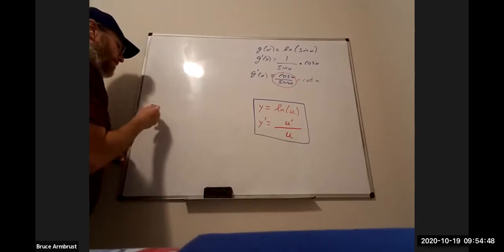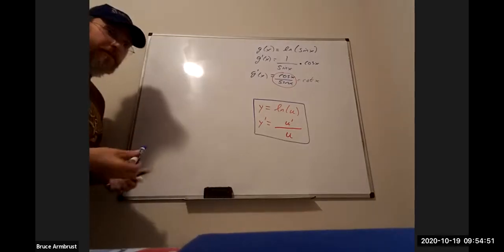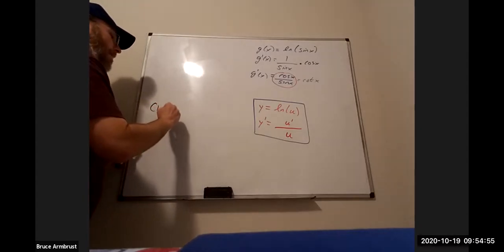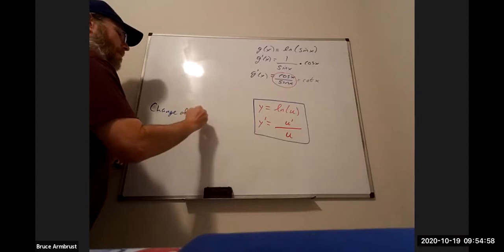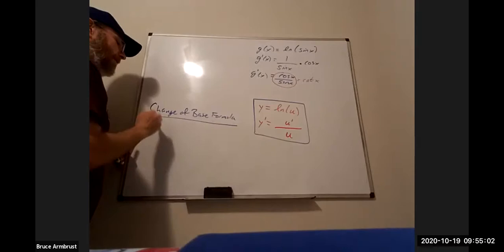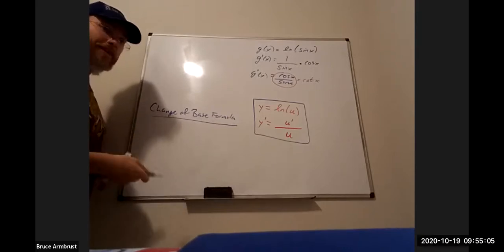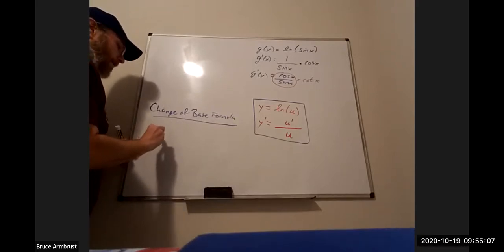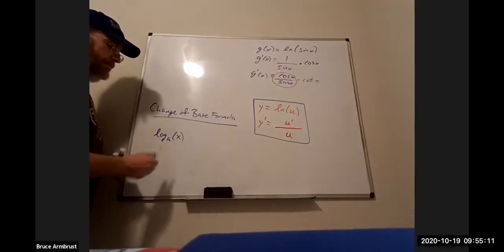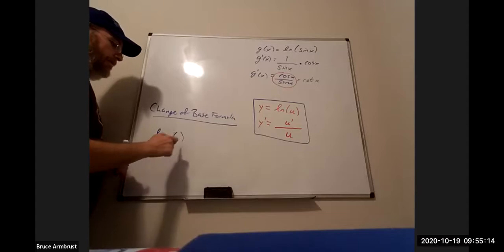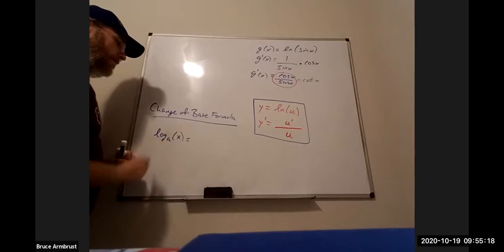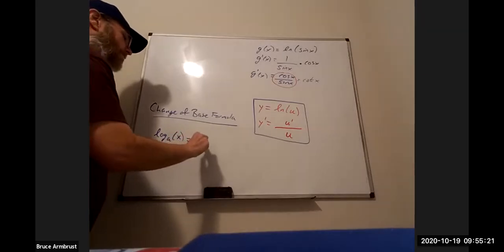And it may have been a while since you've seen this. You may not have ever seen this, but this is what we call the change of base formula. And what it does is it allows us to rewrite logs in terms of any other base that we want. If you have log base a of x, you can turn it into any other base you want.